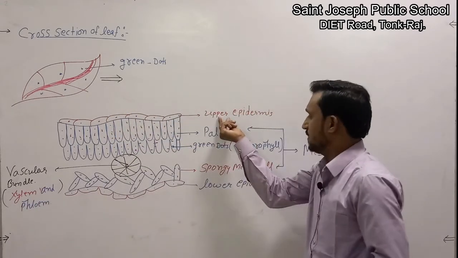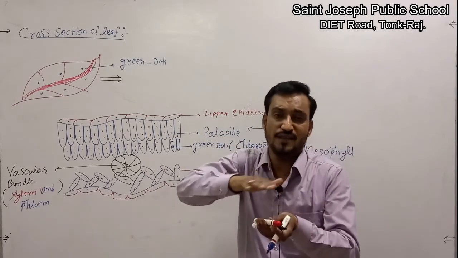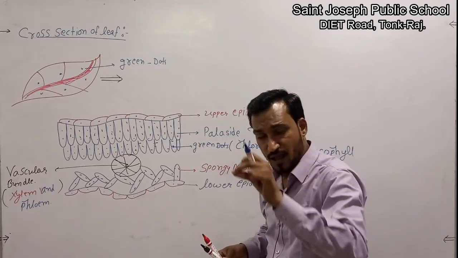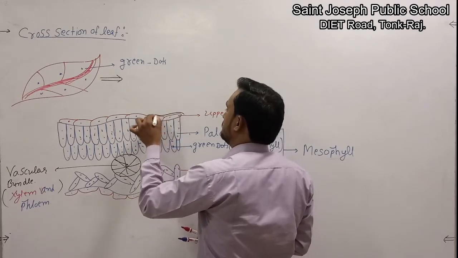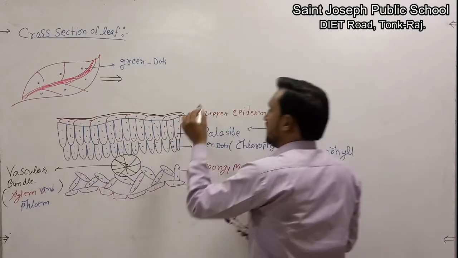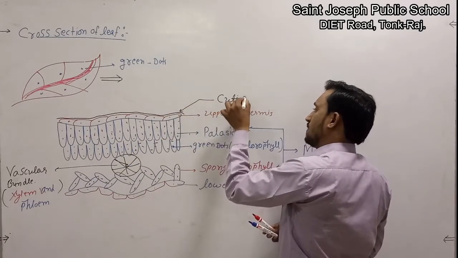Upper epidermis and lower epidermis both form the surface of leaf. Upper epidermis has a thin extra layer in this manner. This thin layer is known as cuticle.